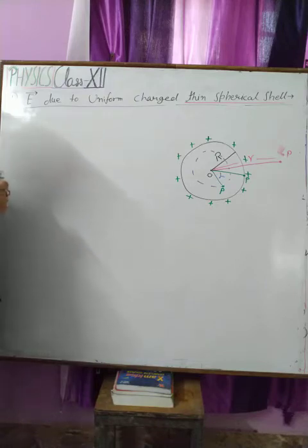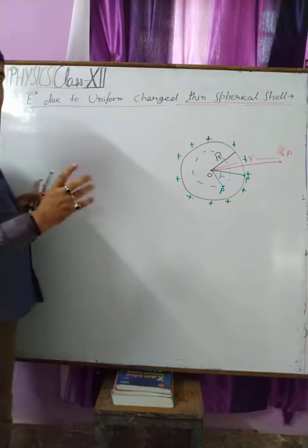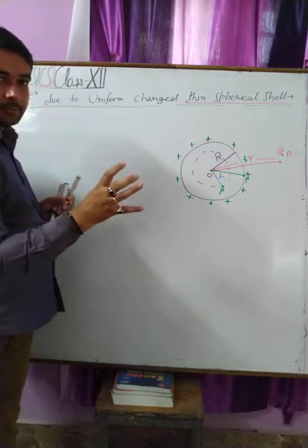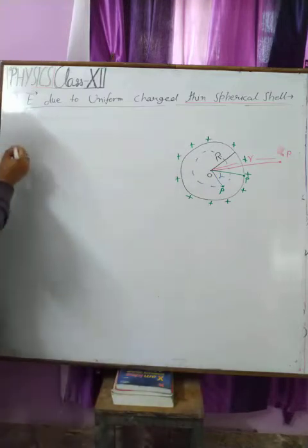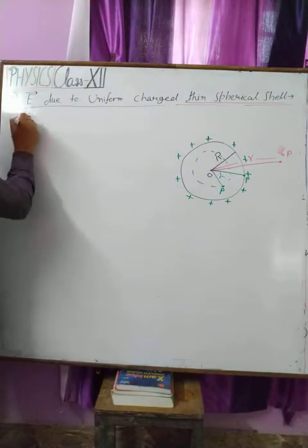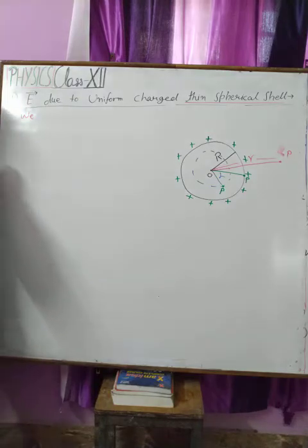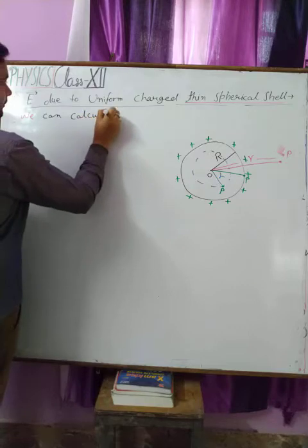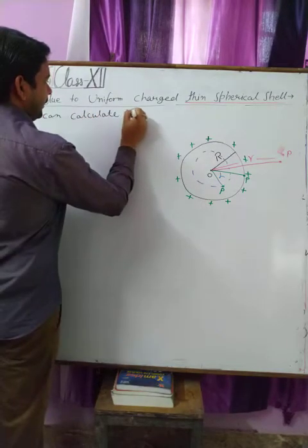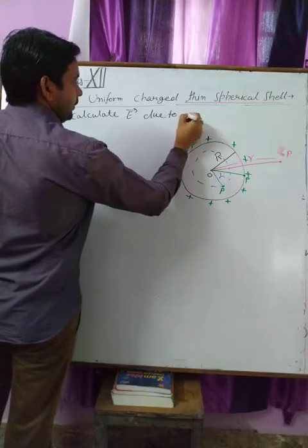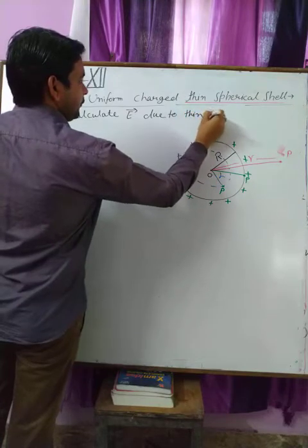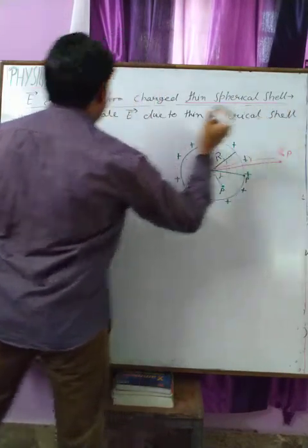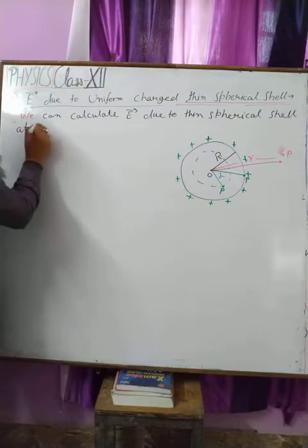So first you take a thin spherical surface which has charge equally distributed over the surface, of radius R with center O. Then we can calculate the electric field due to the thin spherical shell at three points.